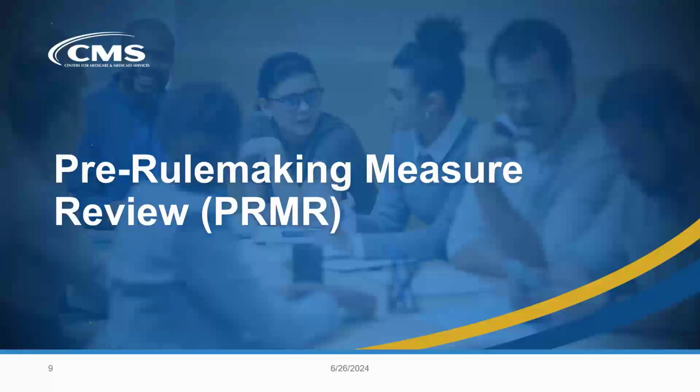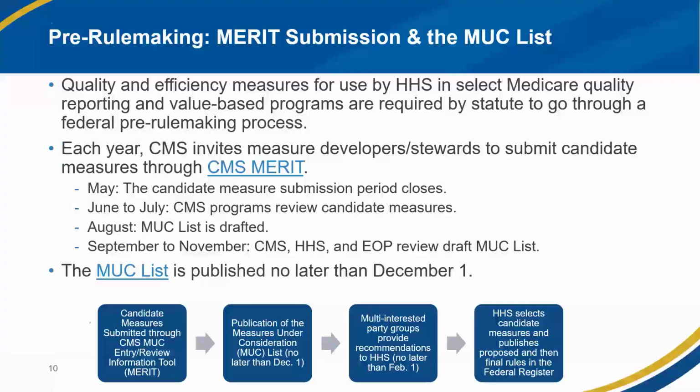If we can go to the next slide. Before we jump into specifically talking about Primer, I really just want to take a step back a little bit and set the stage because there's a lot of work that comes before the measures get to Primer. First off, with Primer, we are specifically talking about pre-rulemaking. It's a part of the pre-rulemaking process.